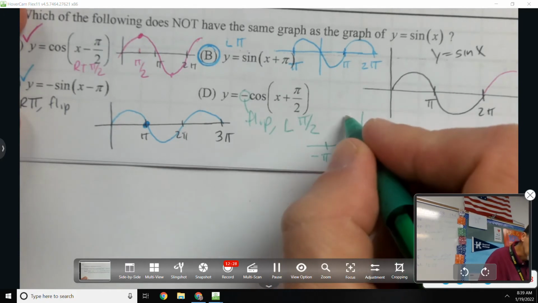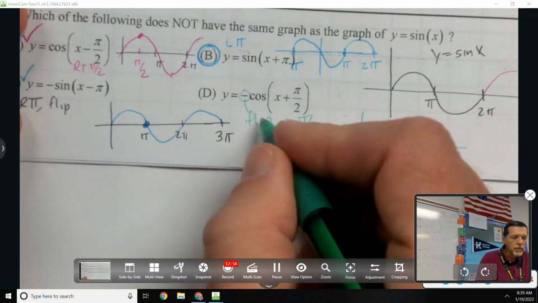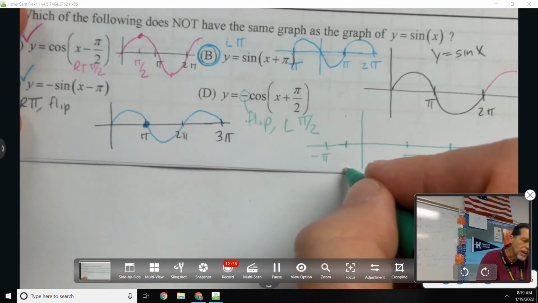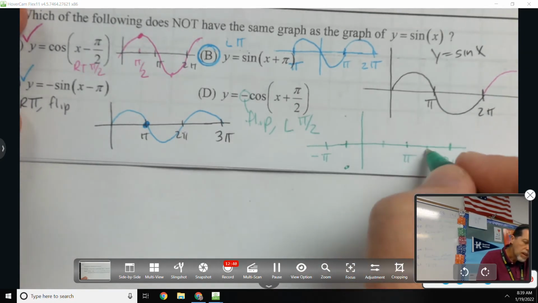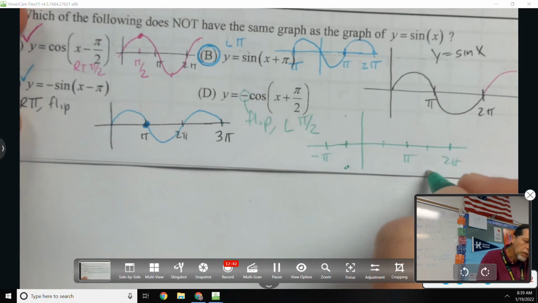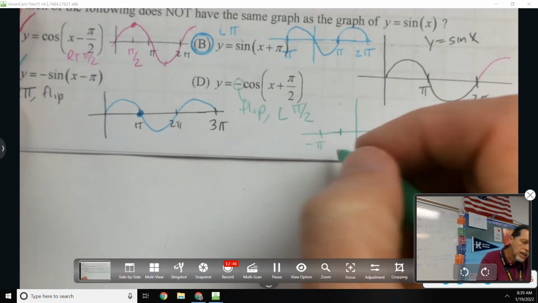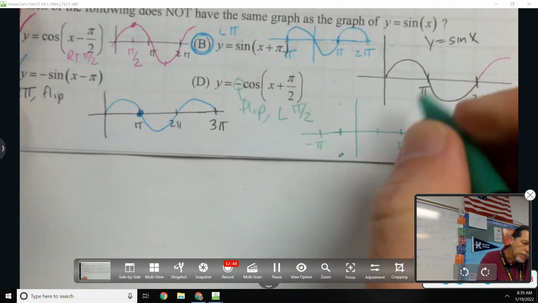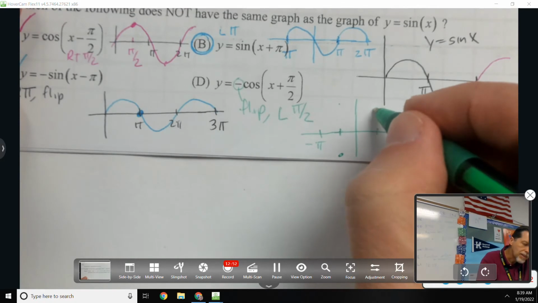So normally it starts at a max. Cosine starts at a max, normally. But because it's flipped, it's going to start at a min. And 2 pi away, it'll be at another min. And halfway in between there, it'll be at a max.